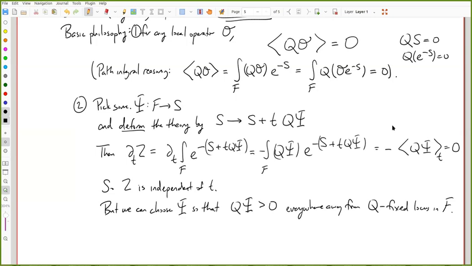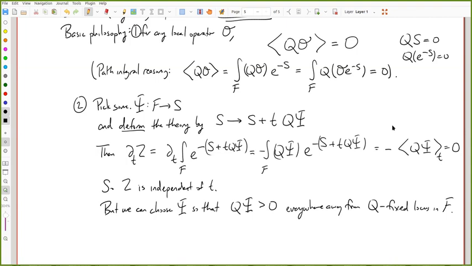And therefore, by just jacking up this parameter T, I hope it at least seems reasonable that the integral is going to get localized to an integral just over the Q fixed locus, because you can suppress by an arbitrary amount the contributions from everywhere else.